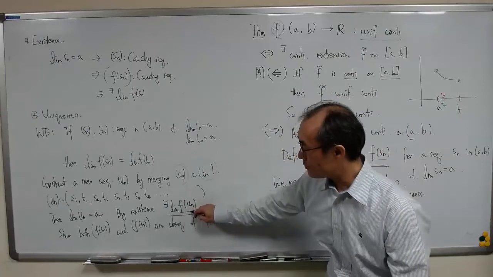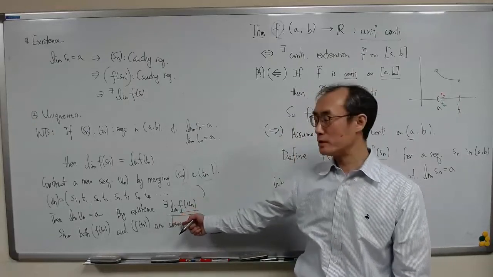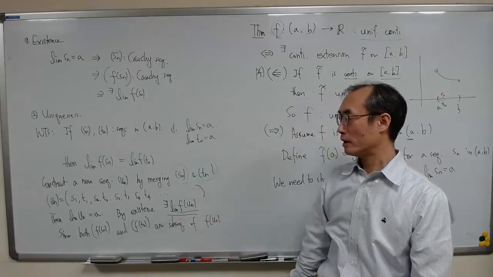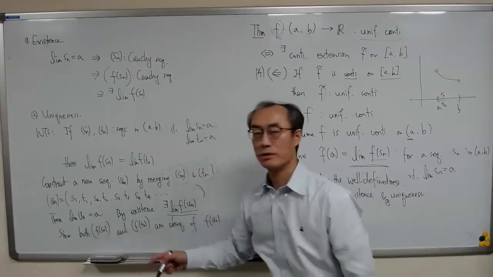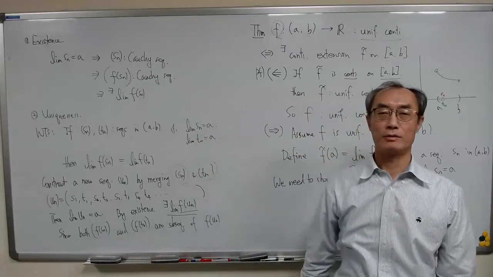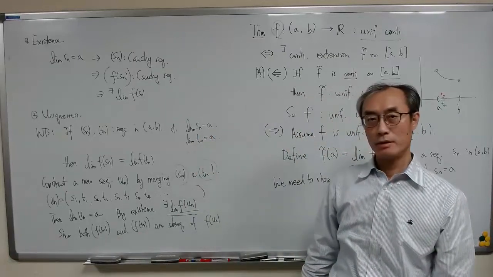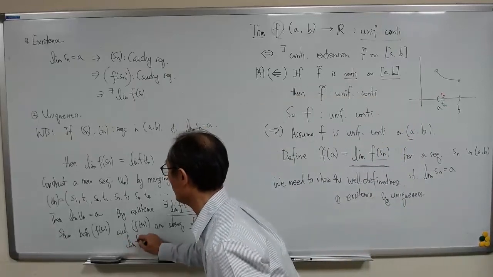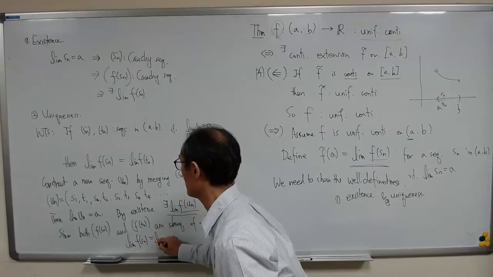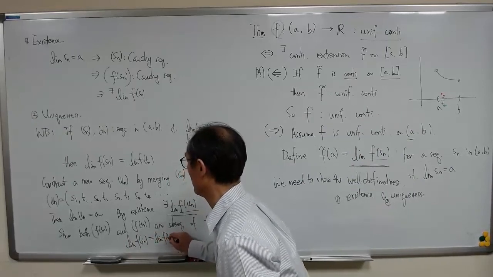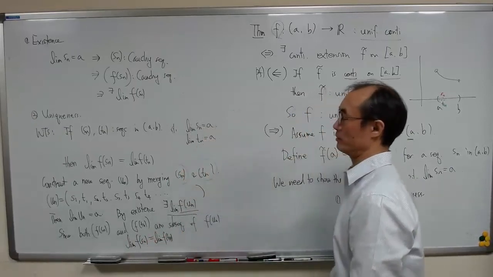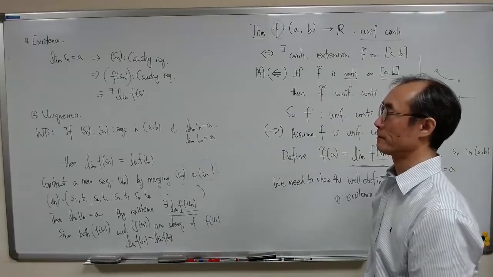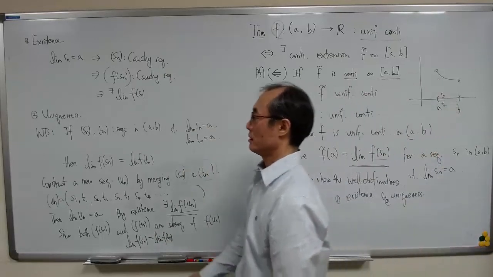Since this sequence f of Un has a limit, it converges to some finite number, then any subsequence should converge to the same value, right? That means the limit of f of Sn is the same as the limit of f of Tn. They must converge to the same value. Okay? That's the uniqueness.